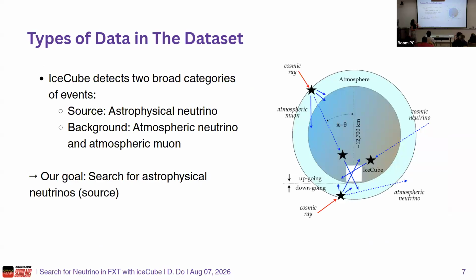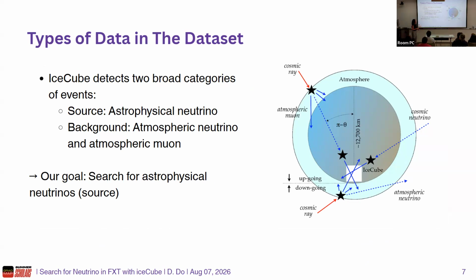So now we'll talk about the type of data in the data set that we received from IceCube. We classify it into two different categories. One is source, which is astrophysical neutrinos.